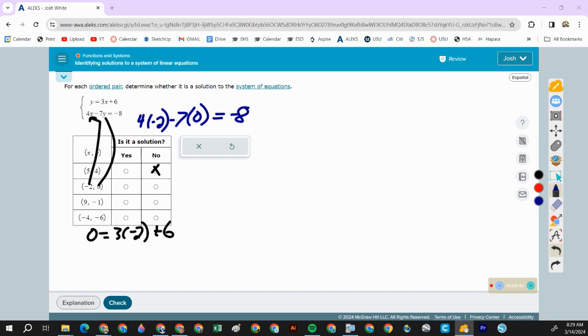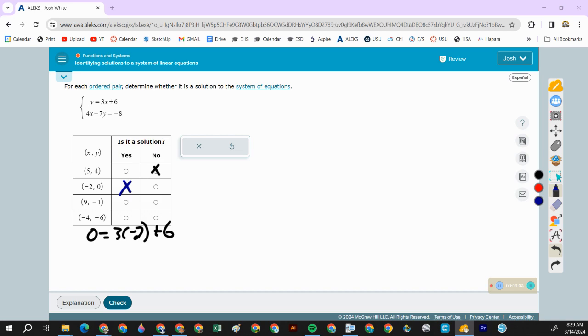Well, 4 times -2 is -8, plus 0 equals -8. So this point worked in the top equation and in the bottom equation. So the answer is yes.